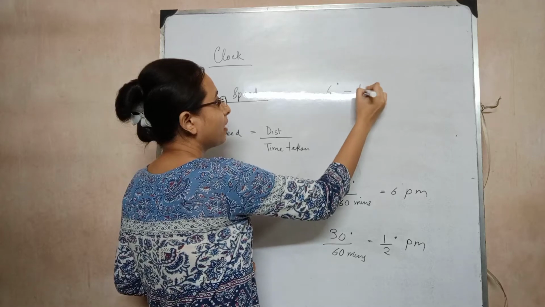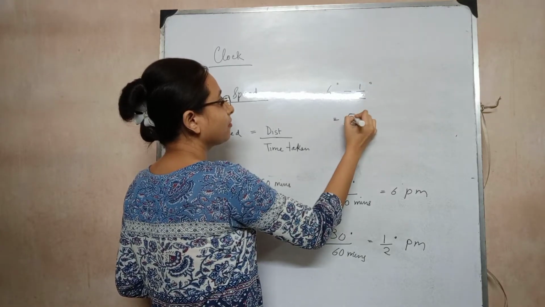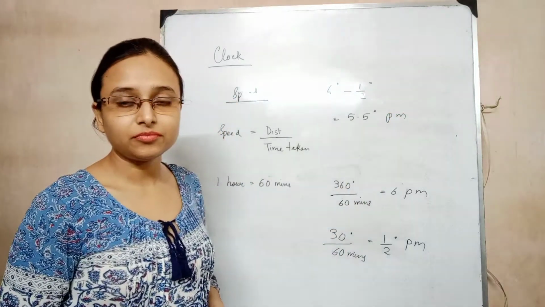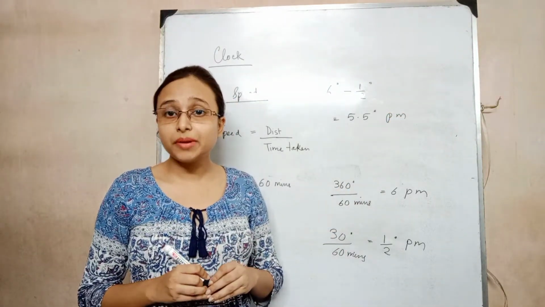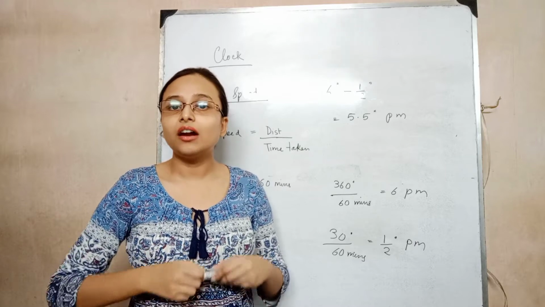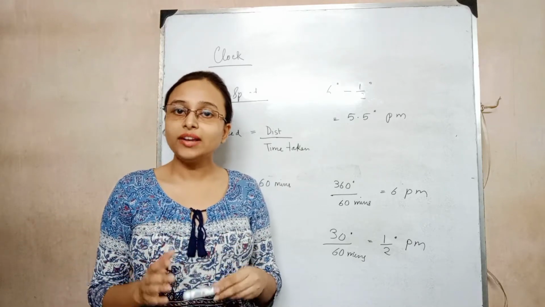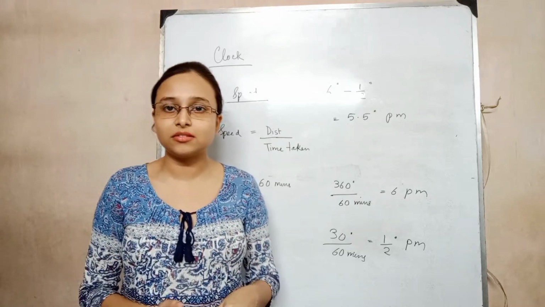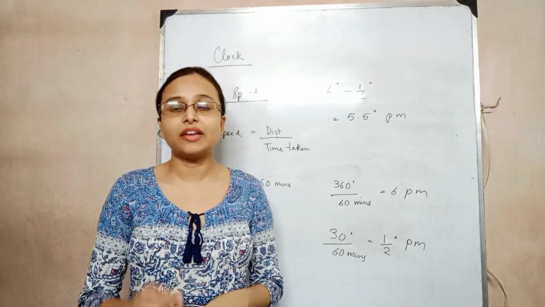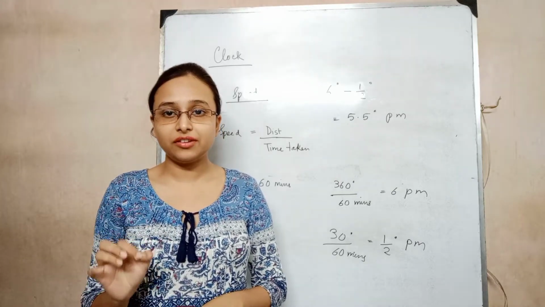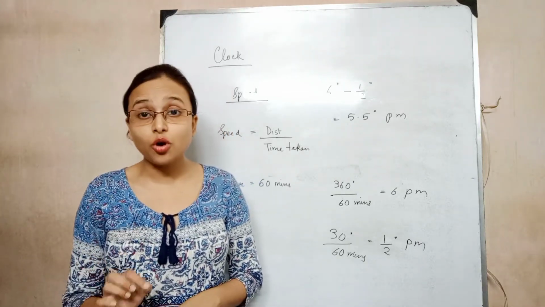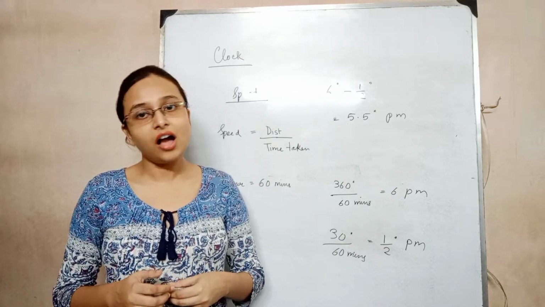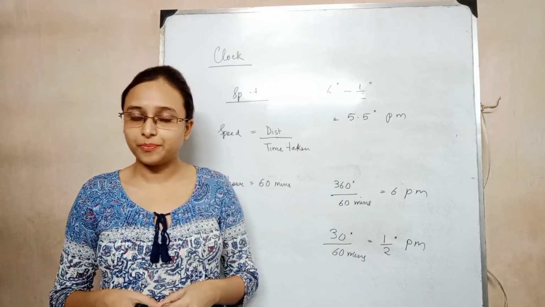Now, comparing the speed of the minute hand and an hour hand, one can conclude that the minute hand is always faster than the hour hand by 5.5 degrees, or an hour hand is always slower than the minute hand by 5.5 degrees, whichever way you say.